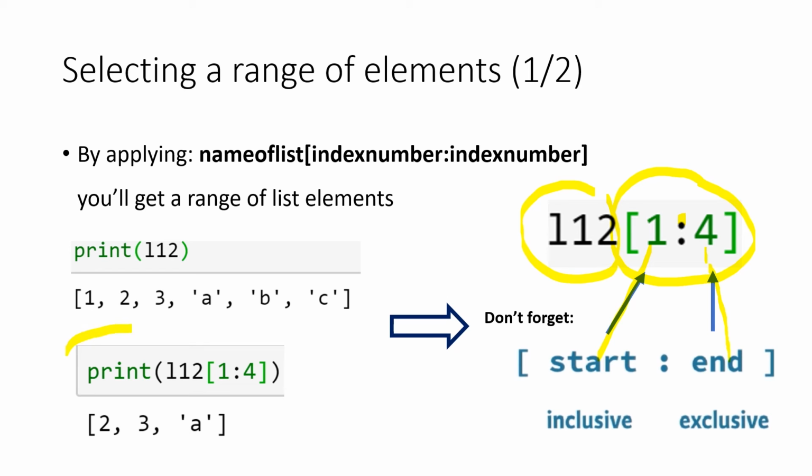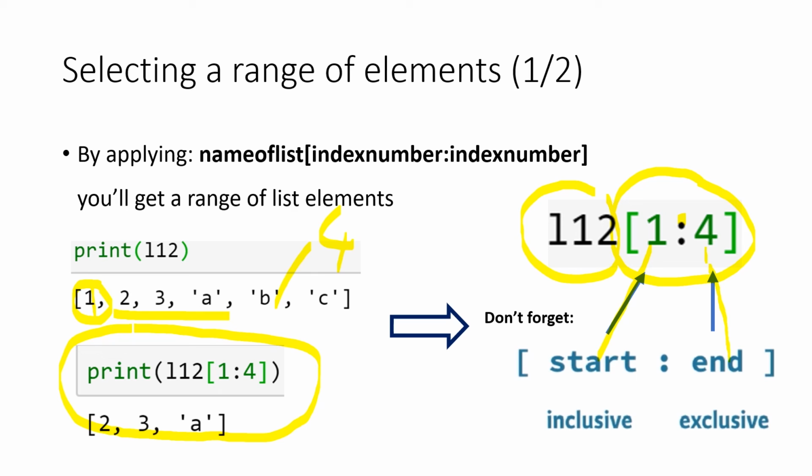Now, if we apply it here, we can say, okay, I would like to have the elements from 1 until 4. That basically means this part is not inside our list because it doesn't start at index number 0, it starts at index number 1. So everything from 2 on, then we have 3 inside, we have A inside, and B has index number 4.